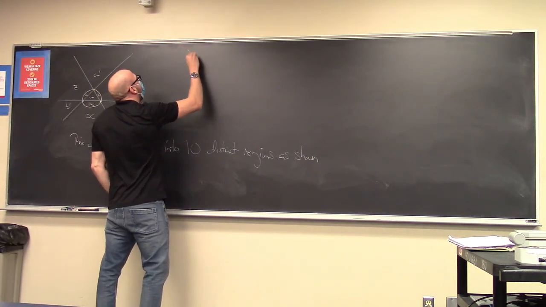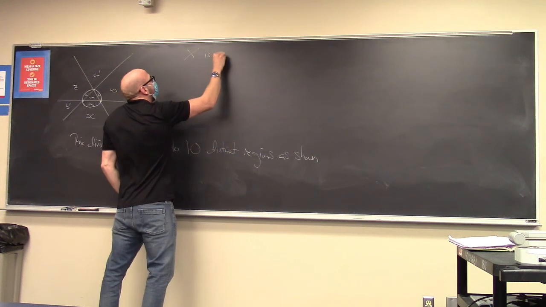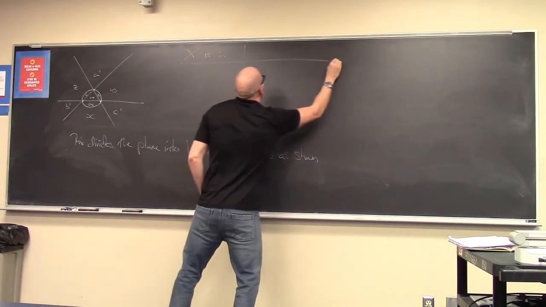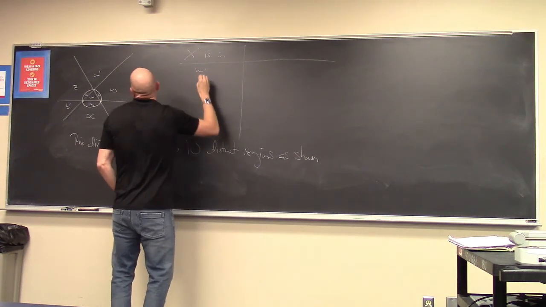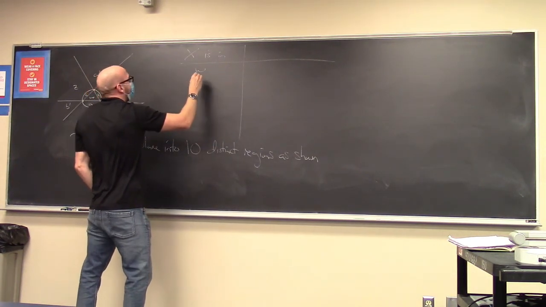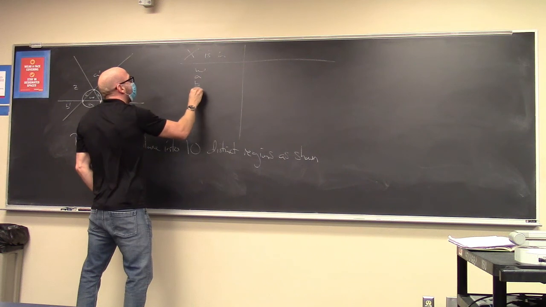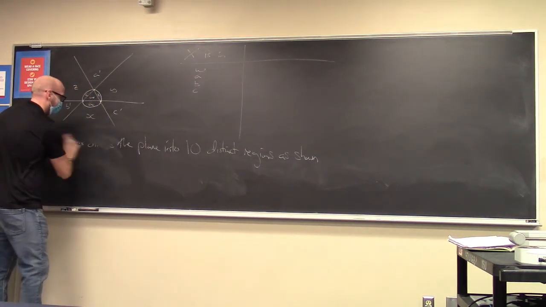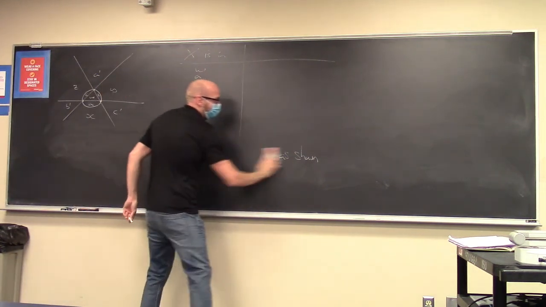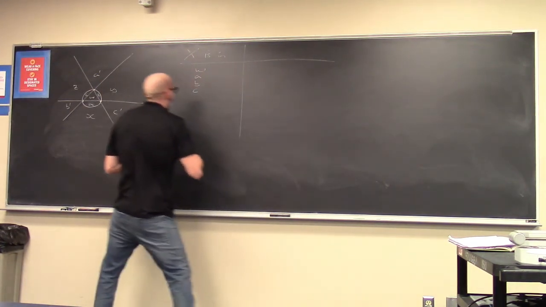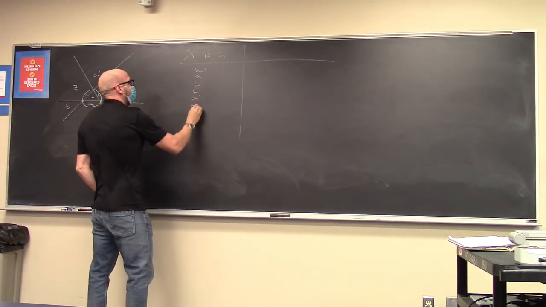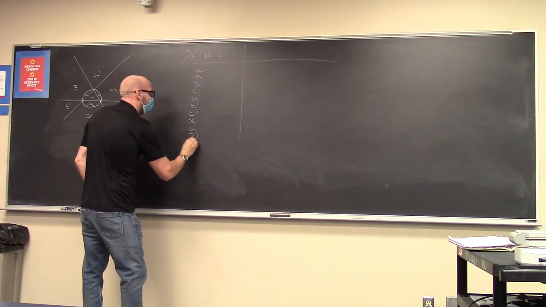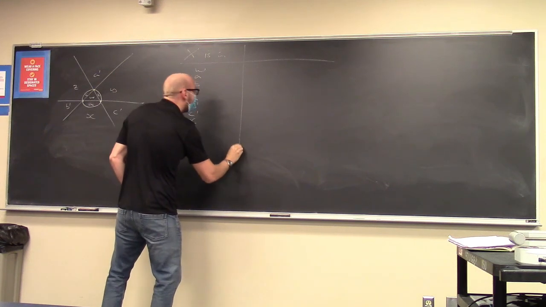Let's make a table. If X is in a particular region, and we have 10 of them, so we'll do W, A, B, C, A prime, B prime, C prime, and X, Y, and Z. A lot of these.